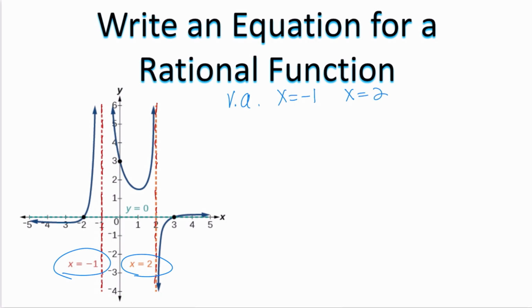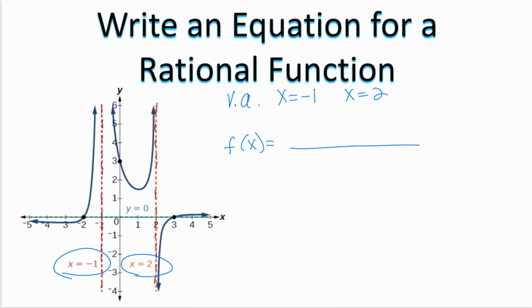So in terms of writing our rational function, if you remember what a rational function is, it's basically a function that looks like a rational number or a fraction. So I know that I'm going to have a numerator and a denominator. So f of x is going to equal, and then we're going to have this in the form of a fraction.